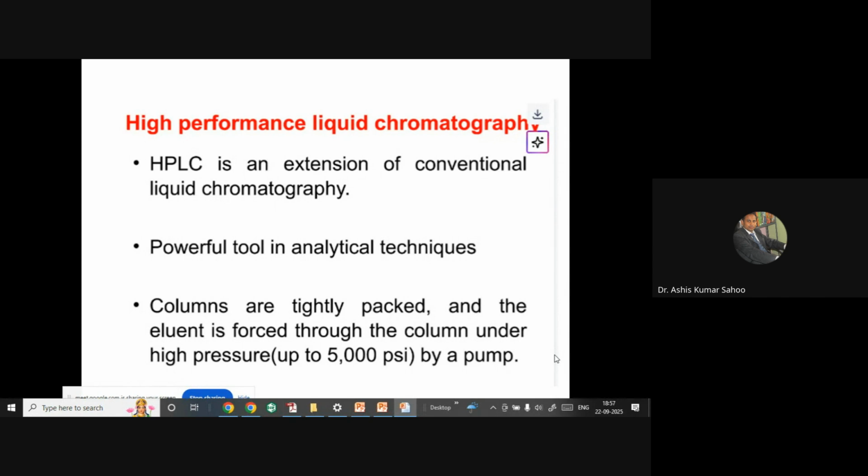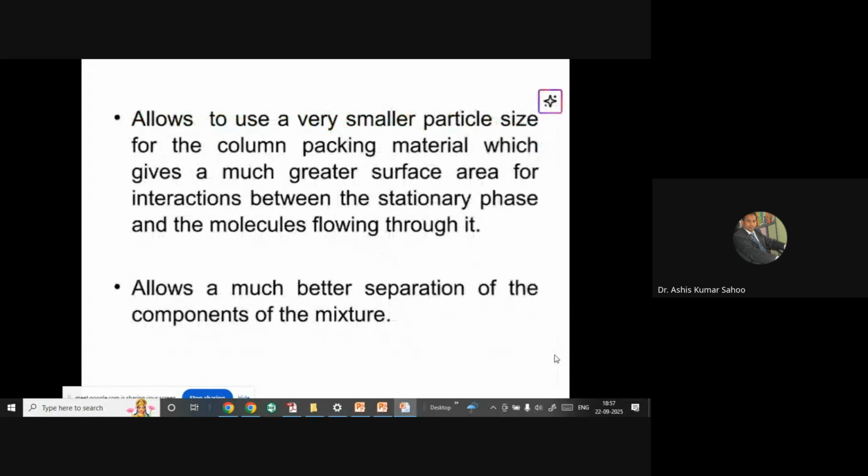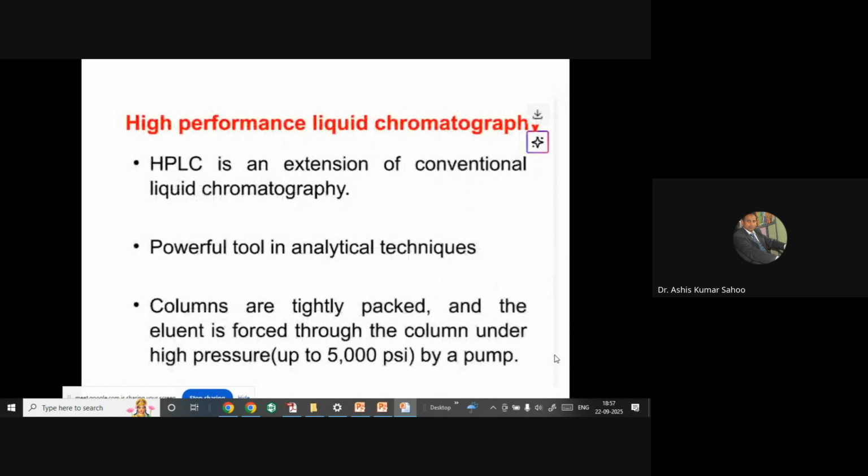This allows the use of a very small particle size for column packing, which gives a much greater surface area for interaction between the stationary phase and the molecules, and allows much better separation. So these are the different characteristics of HPLC.